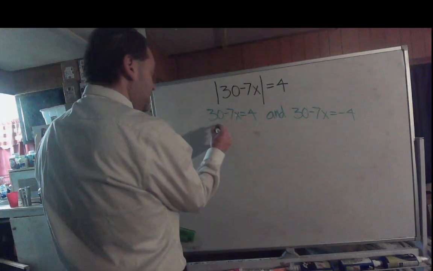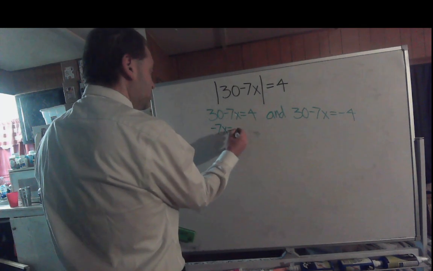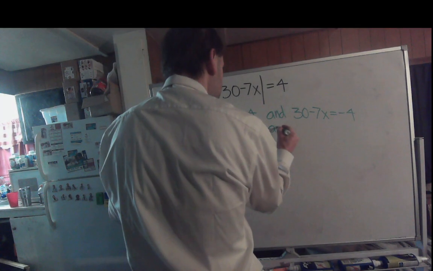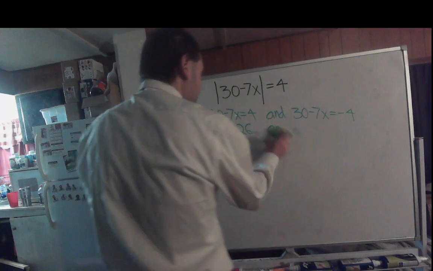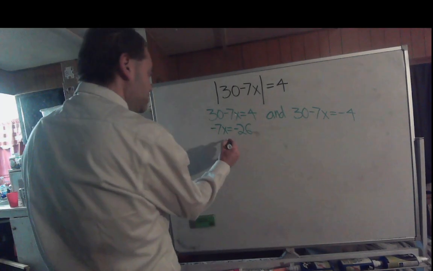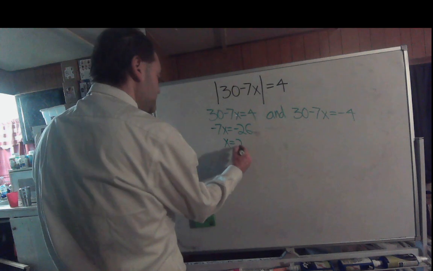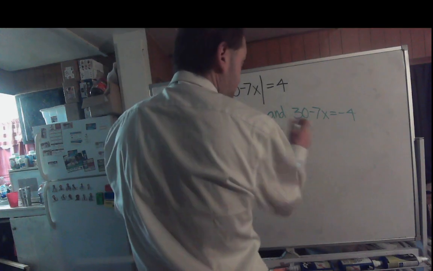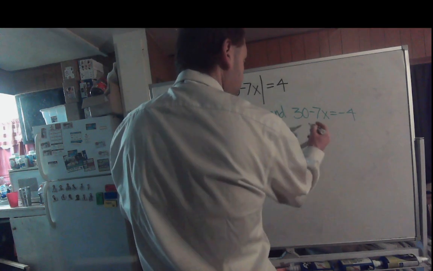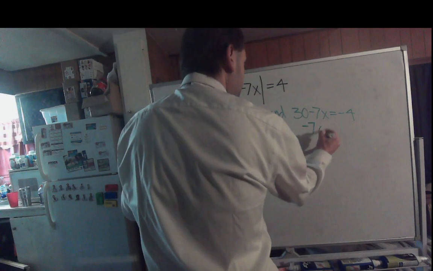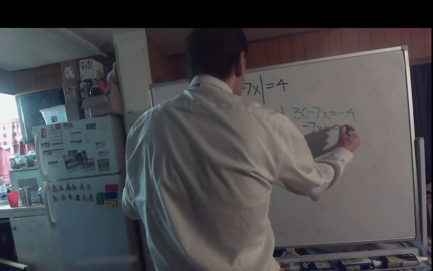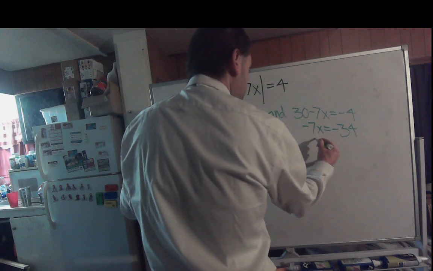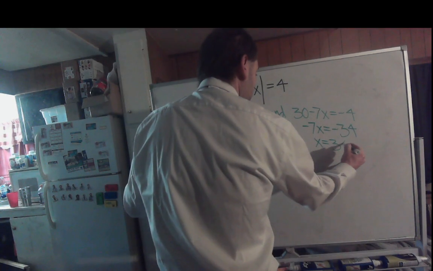You would end up getting negative 7x would equal negative 26. We'll solve one at a time, which would give you x equals 26/7 for your first solution. And then 30 minus 7x equals negative 4, you would get negative 7x equals negative 34, which would end up giving you x equals 34/7.